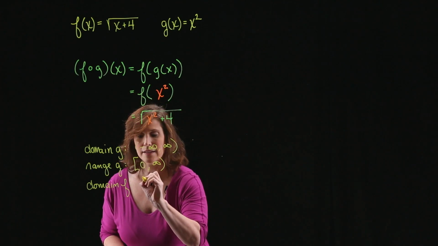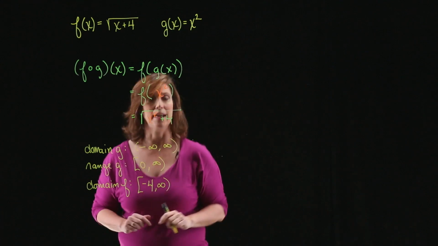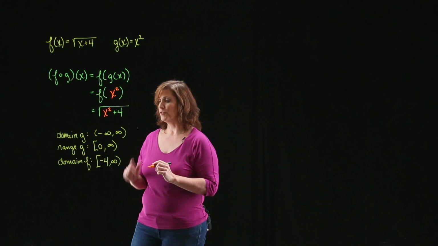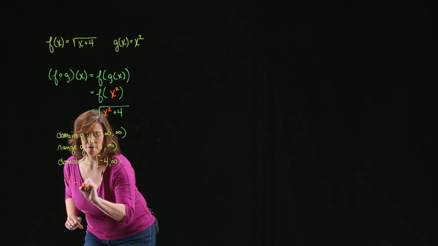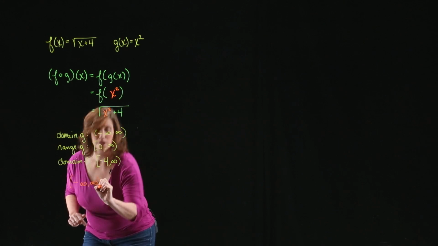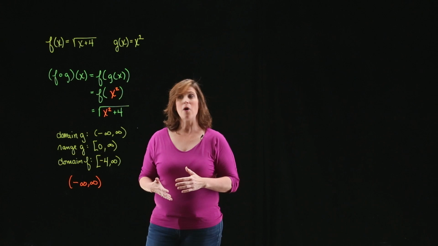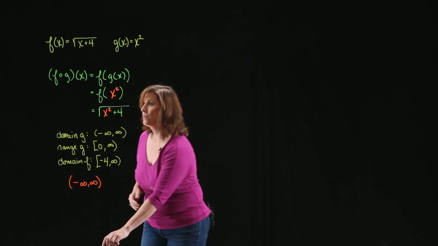So my domain is going to be negative 4 to infinity. So now I know that the domain of my composite function f of g is going to be negative infinity to infinity.